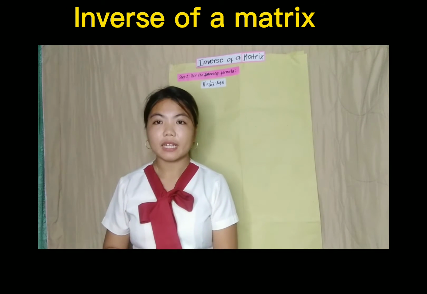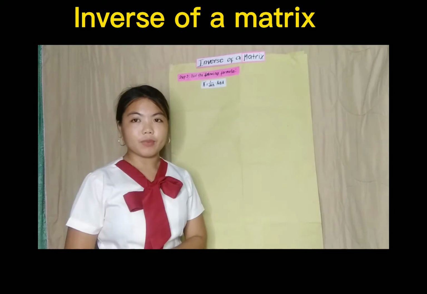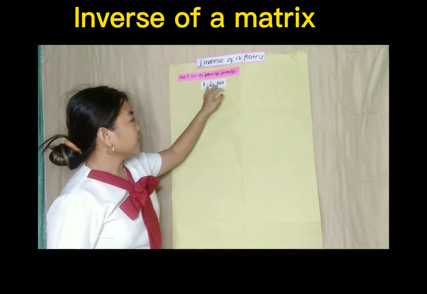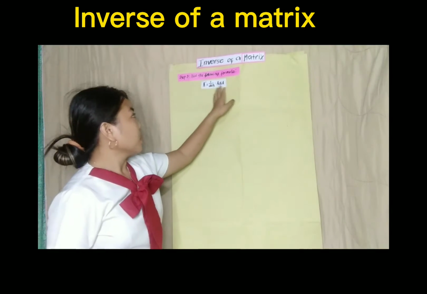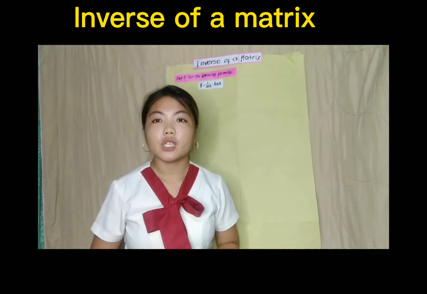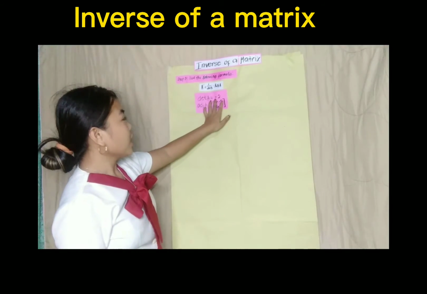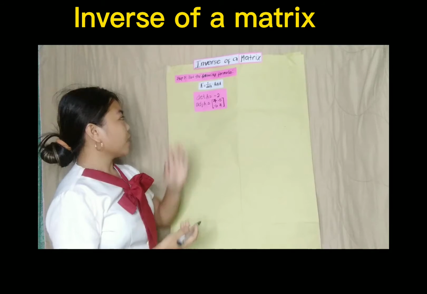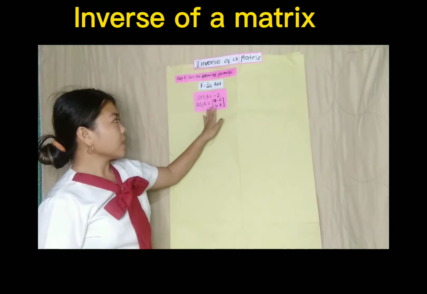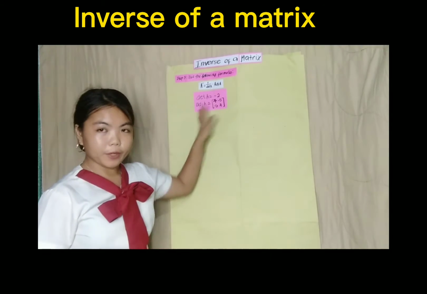For our final step, we are going to use this formula to get the inverse of a matrix. A inverse equals 1 over det A times adj A. Are you still with me? Alright, so here are the values that help us get the inverse of a matrix: our determinant of A is negative 2, and our adjoint of A is 7, negative 5, negative 6, and 4.